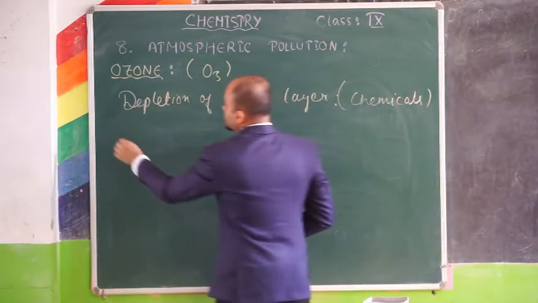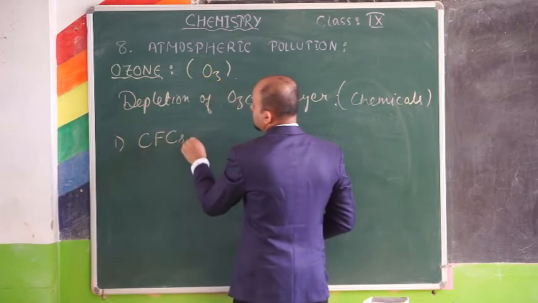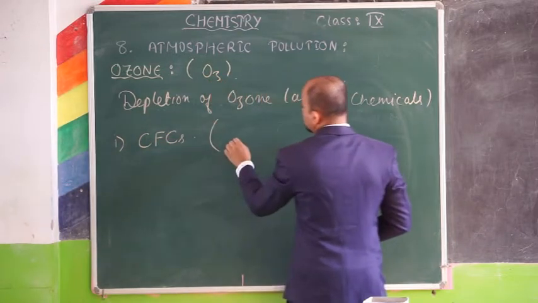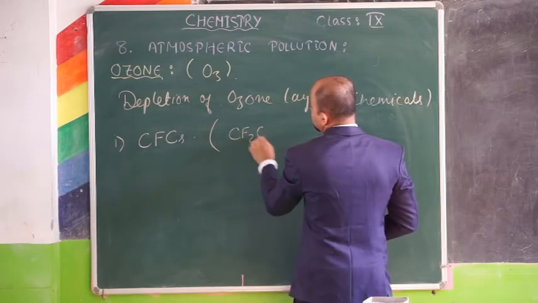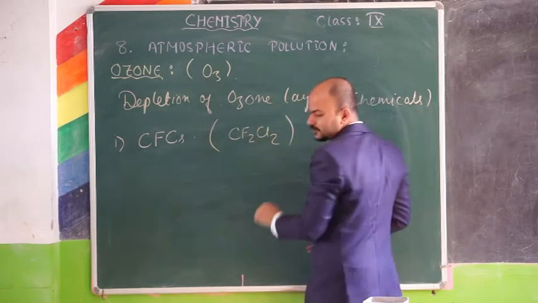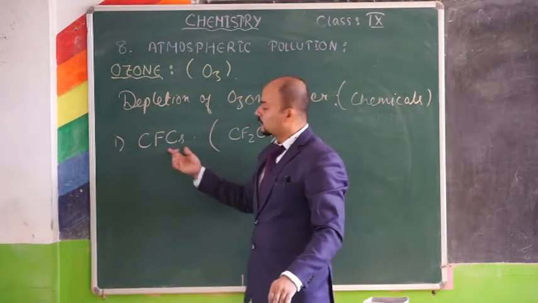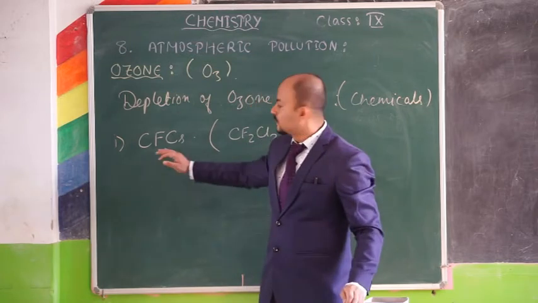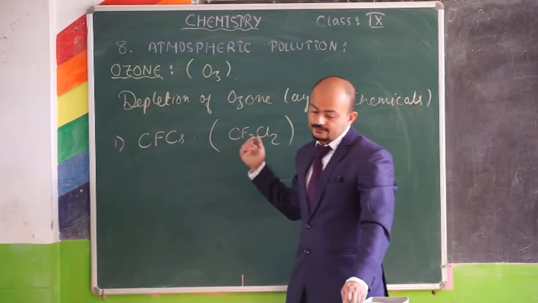What is the formula for chlorofluorocarbon? It is CF2Cl2. Please remember the name of the chemical responsible for ozone layer depletion and its formula.